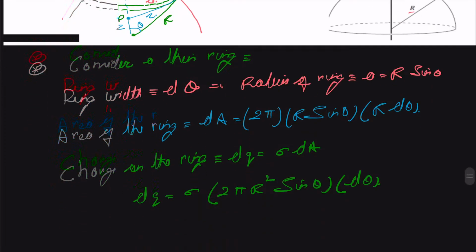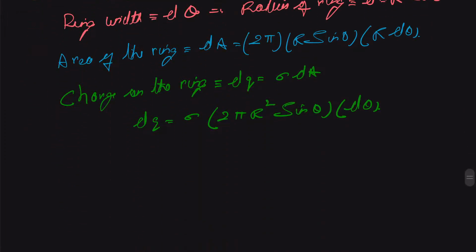Let's find the field at point P, and for that we can easily use the cosine law.